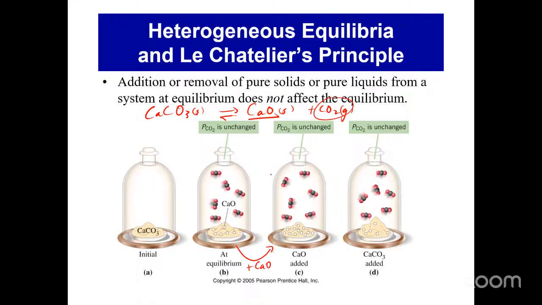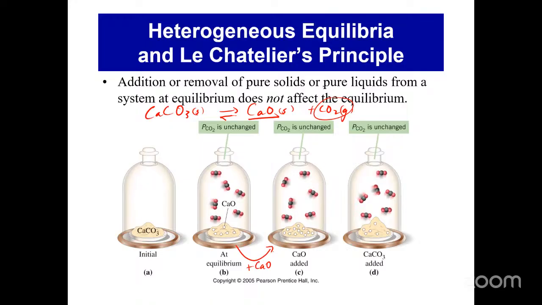Well, if you recall, yesterday, I said that when it comes to solids and liquids, if they're involved in reactions such as these, their concentration doesn't change, right? So if the concentration doesn't change, even if you add more of that same substance, then that will have no effect on the equilibrium position, and therefore the amounts of substances, especially the carbon dioxide gas, will not change, right?